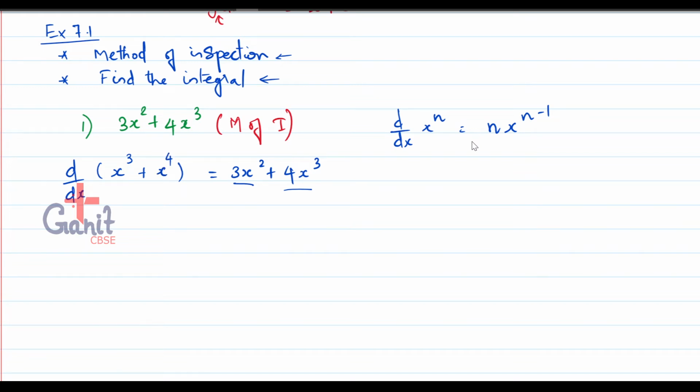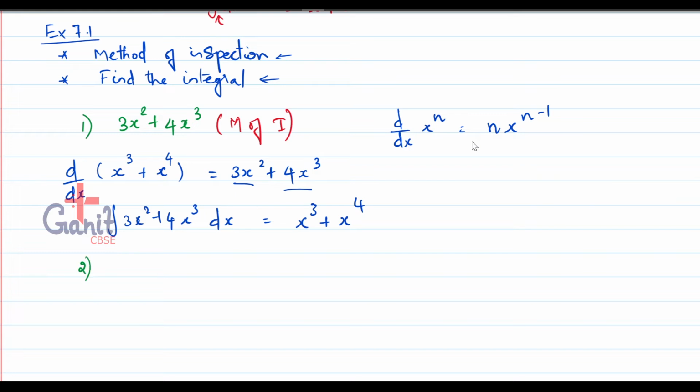So we know that finding antiderivative is integration. So the antiderivative of 3x square plus 4x cube will be x cube plus x to the power 4.